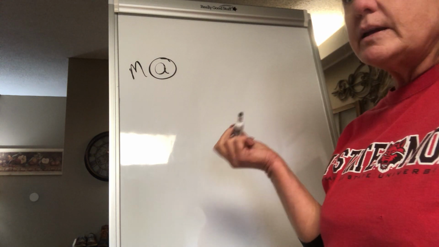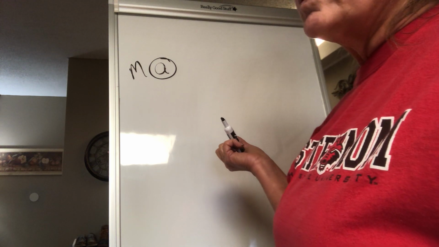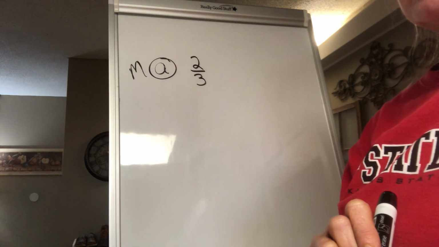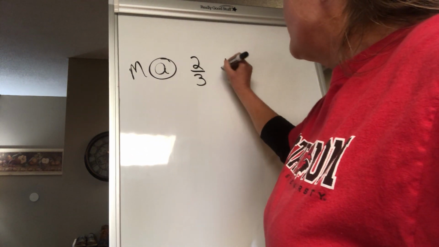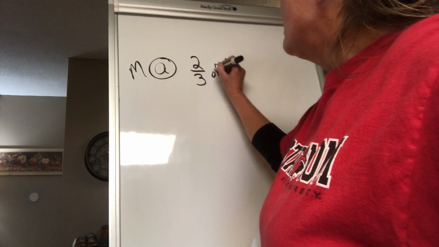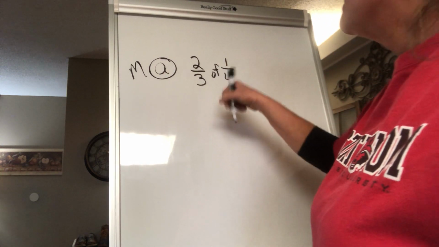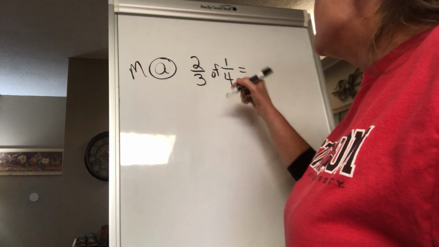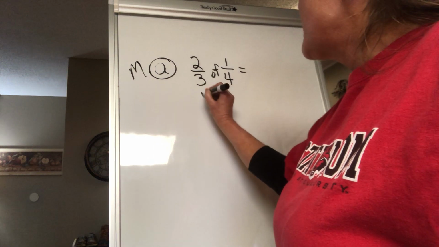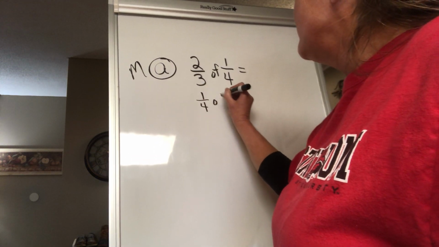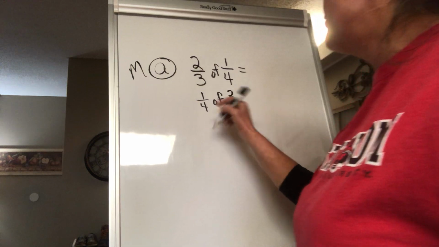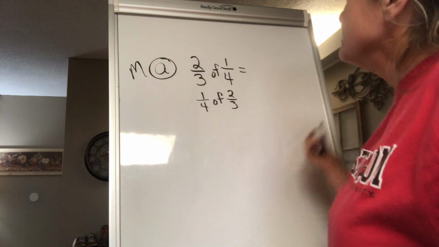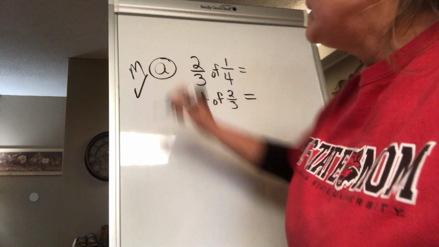And the key word to me is the "of," because I know that 2/3 have short hair, and 1/4 of those also wear glasses. Okay, and I know that with multiplication, does it matter what order I multiply in? Could I also say 1/4 of the 2/3 wear glasses? Yeah, same thing. So I know I'm multiplying, so I was right here.